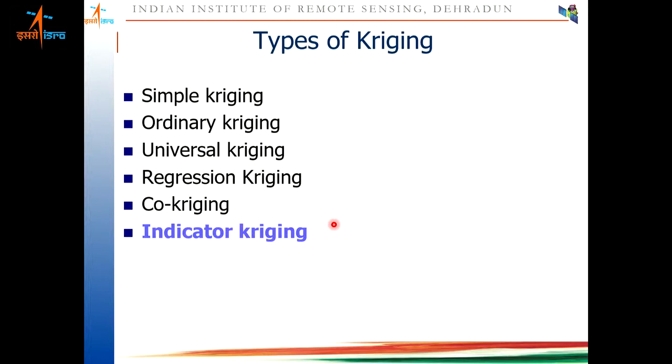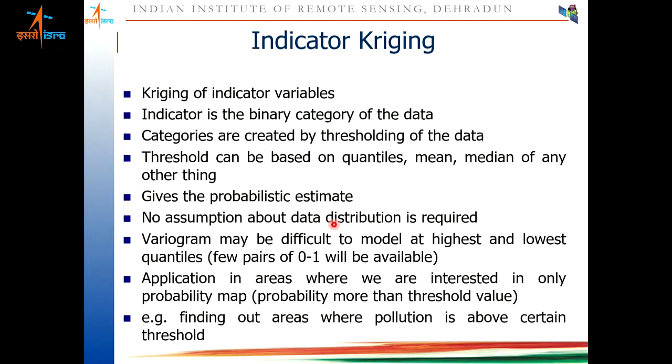The rest of these Kriging variants are applied for continuous variables only. They cannot be applied for categorical data. But indicator Kriging can be applied for binary data where yes, no, or 1, 0 is present.